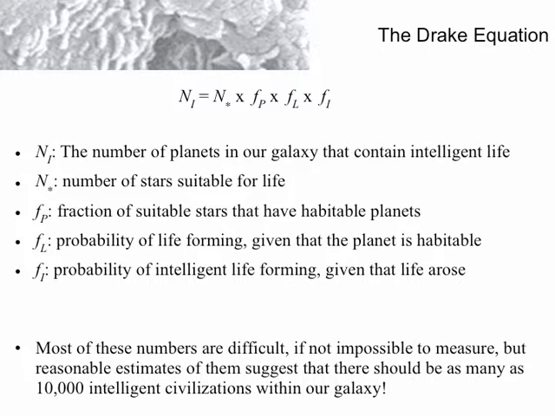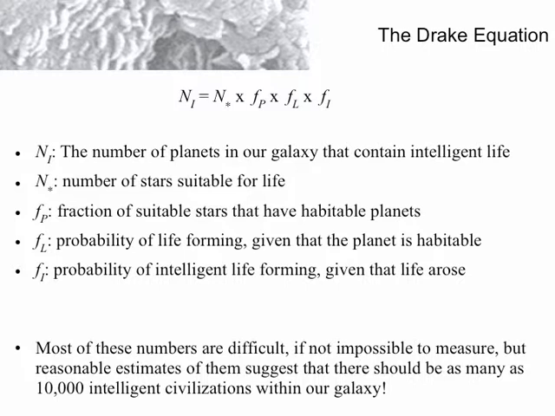So I do not want to take this as me condoning the idea that alien life has visited the Earth. I personally think that's very implausible, but I do think that the possibility of life on other planets is very, very plausible. And so how can we think about this logically?